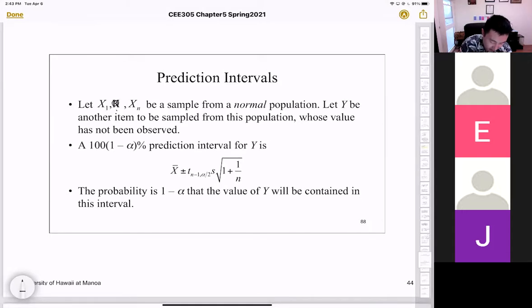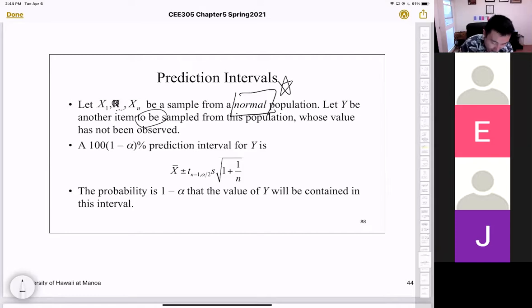X1, X2, ..., Xn are sampled from a normal population. This is a big condition. And Y is another item to be sampled, in the future, from this population, whose value hasn't been observed because it is from future time.